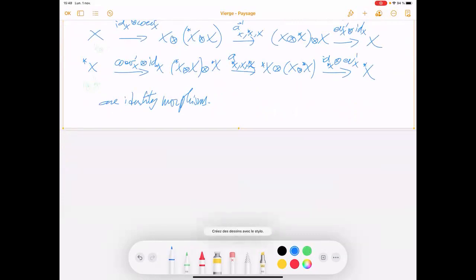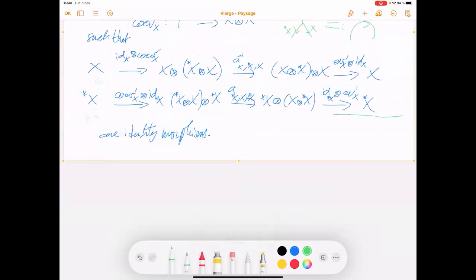So let's draw quickly the picture for that. So you have something like that.